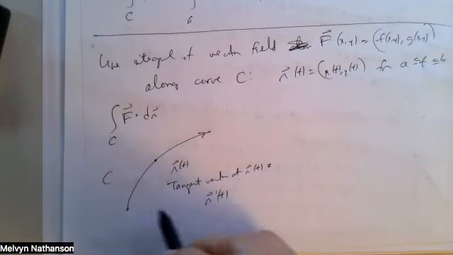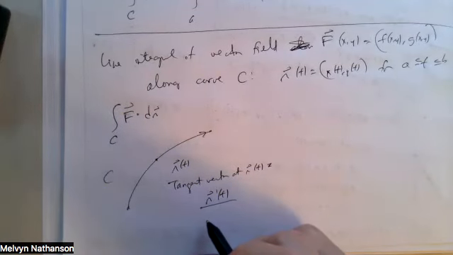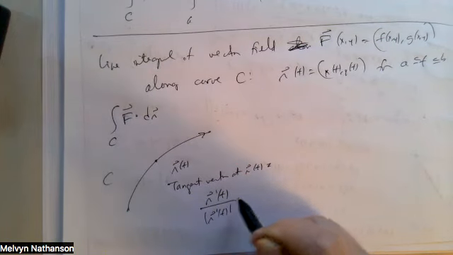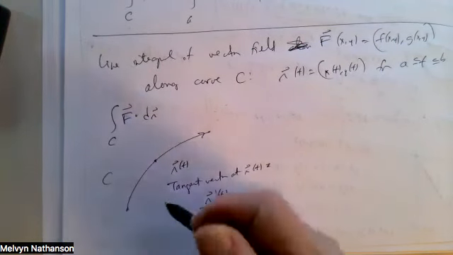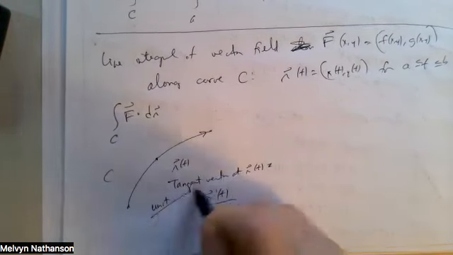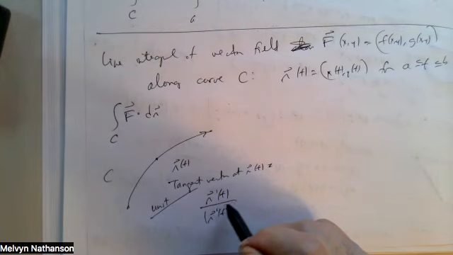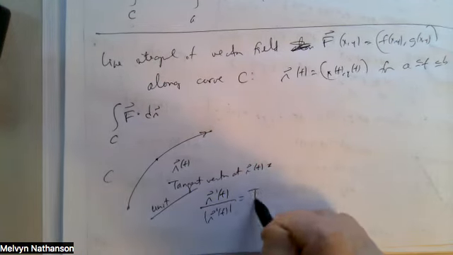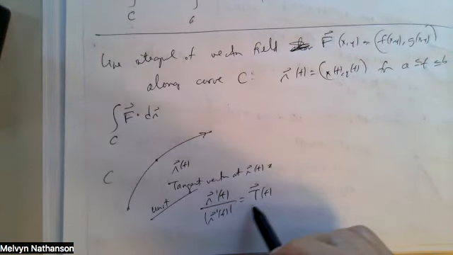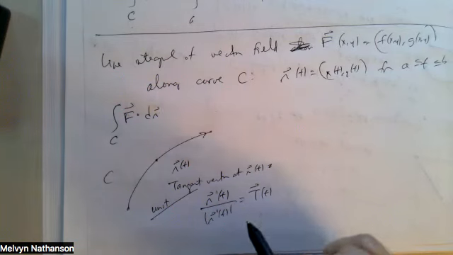And if this is different from 0, if we divide by its length, this is the unit tangent vector at the point t, because this vector has length 1. And we use capital T to denote the unit tangent vector.